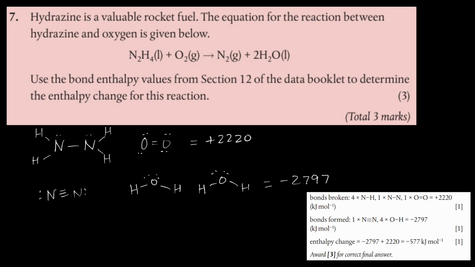Those are both in kilojoules per mole. So if we are looking at our total enthalpy change, it'll give us a total enthalpy change of negative 577 kilojoules per mole.